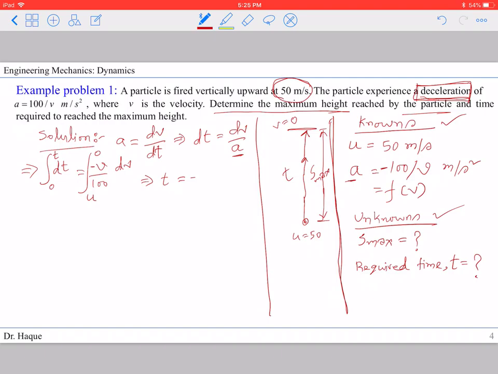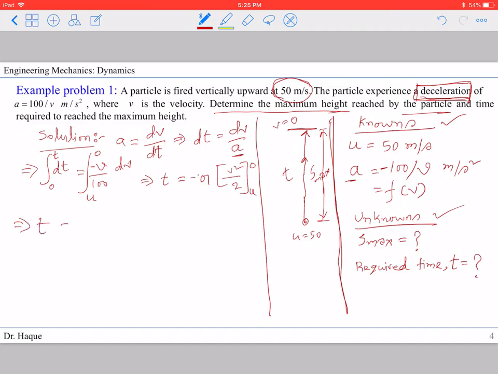If I take 1 over 100, so that's 0.01, and for v, it'll be velocity squared over 2. The upper limit is 0, the lower limit is u.